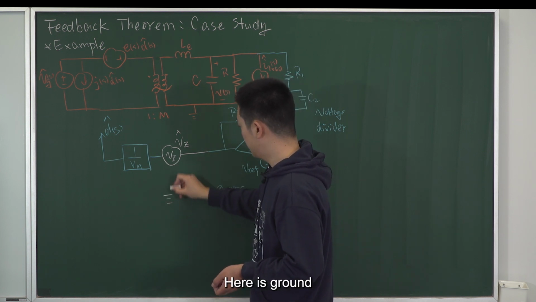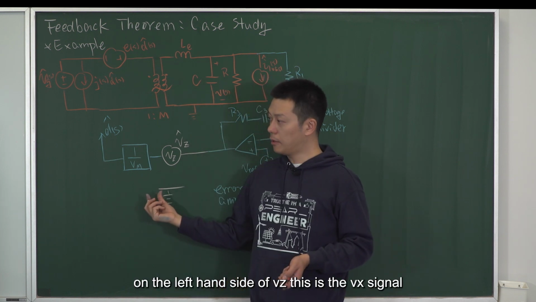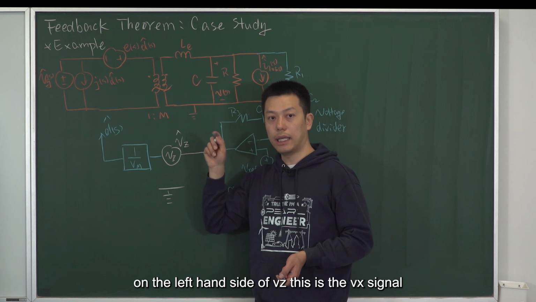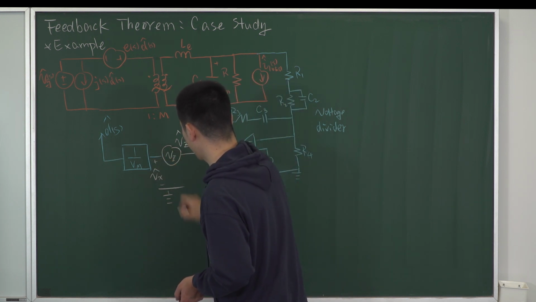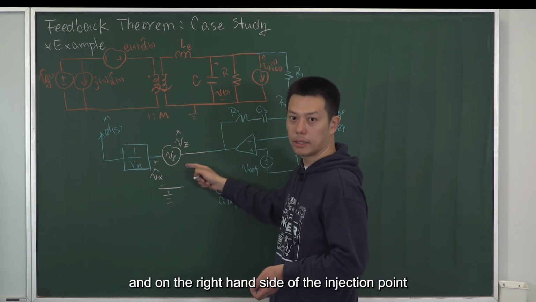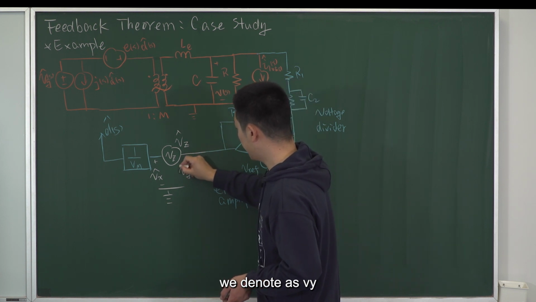Here is ground. On the left-hand side of Vz, this is the Vx signal, and on the right-hand side of the injection point, we denote it as Vy.